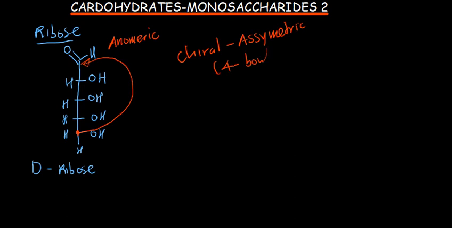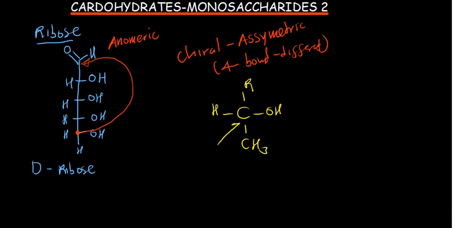Please, 4 bonds which are different. They shouldn't be the same. These are also exam questions. For example, when you have got a carbon which has got groups OH, and then it has got maybe another group there, it has another group like this. So you can see all these things are different. So this carbon is called a chiral carbon or asymmetric carbon.